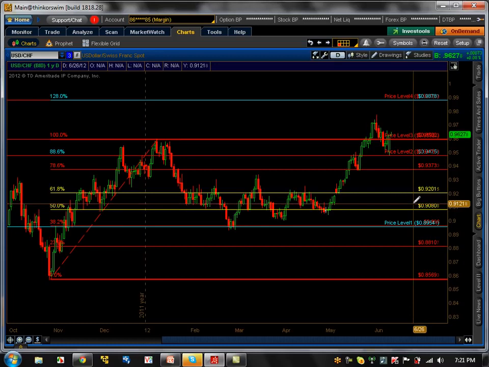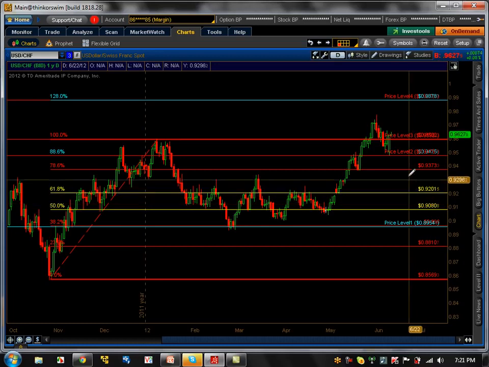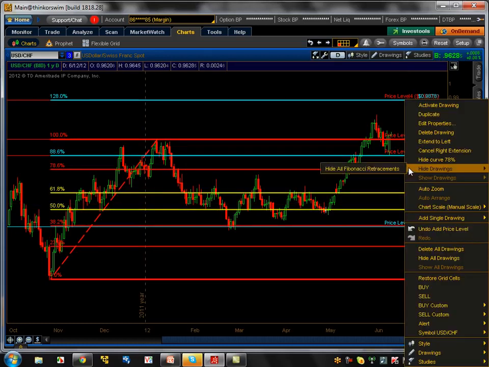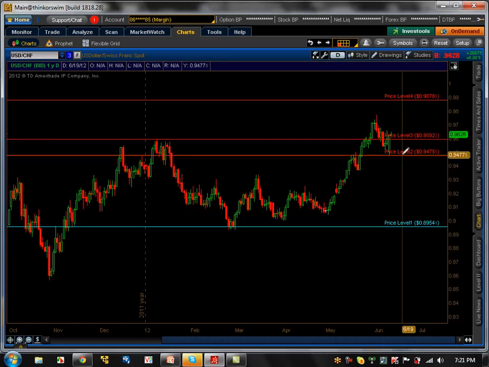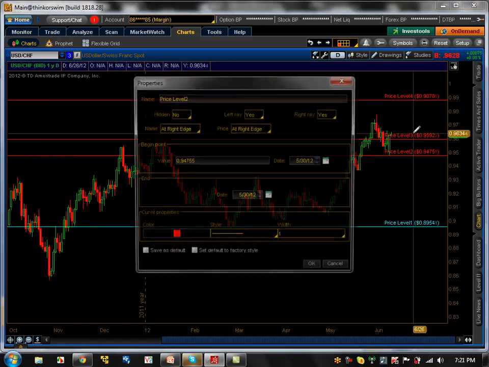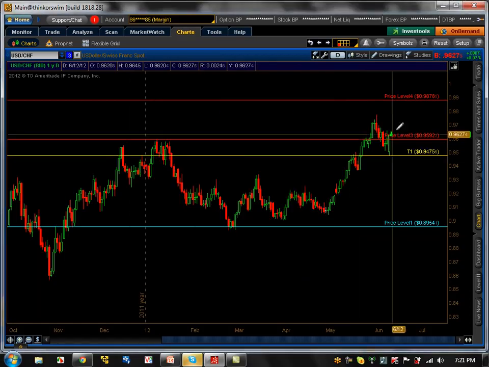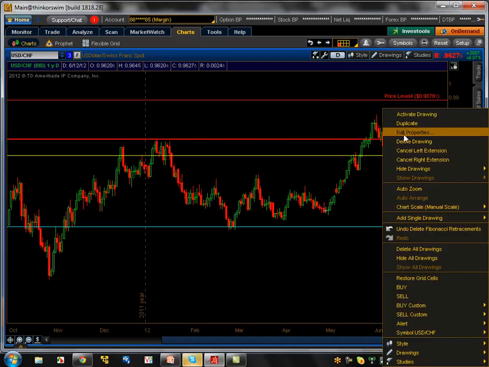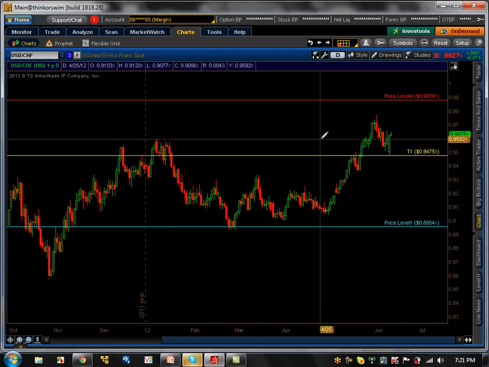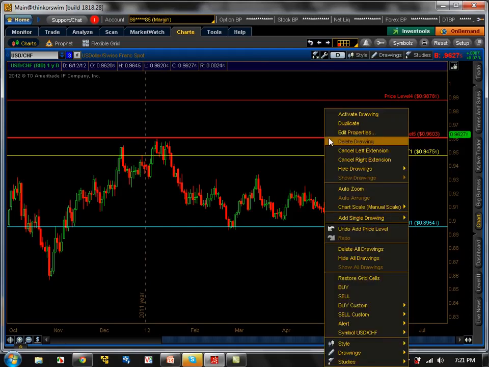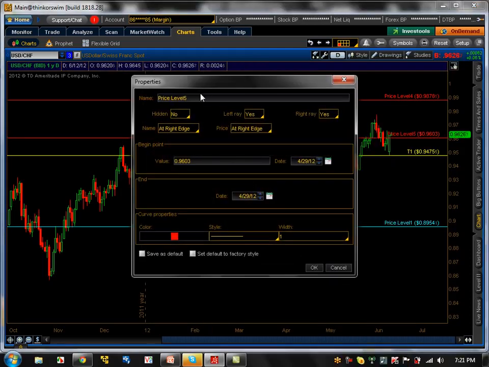I could delete everything, so now I have a clean looking chart where this is my first profit taking level. I'll call this T1 and color it yellow. My second profit taking level, let's just say it's here. T2.